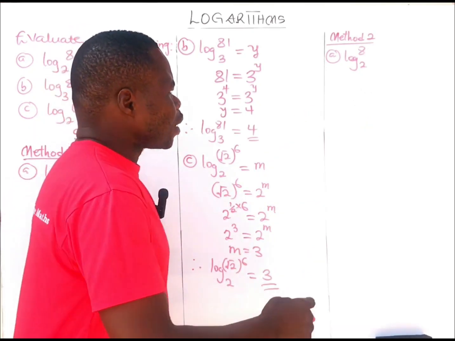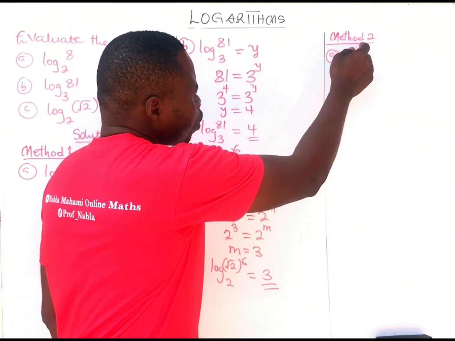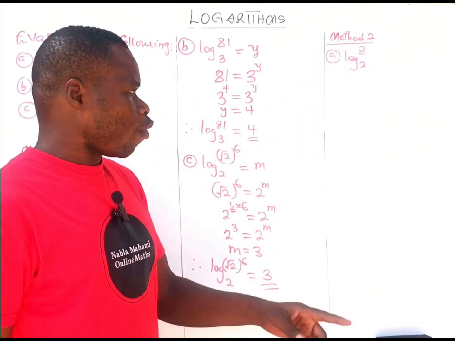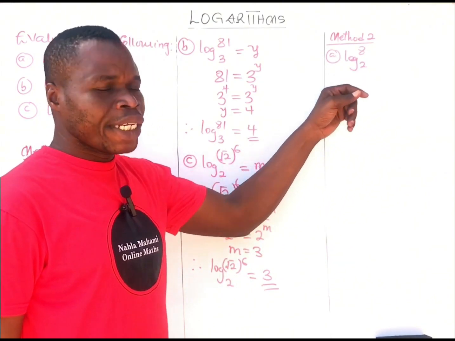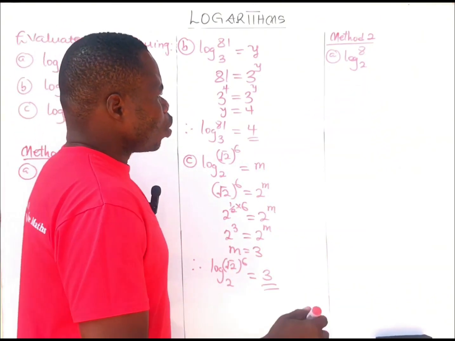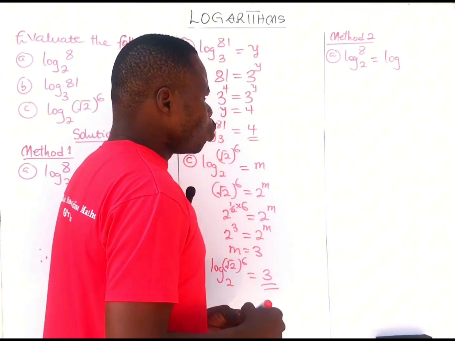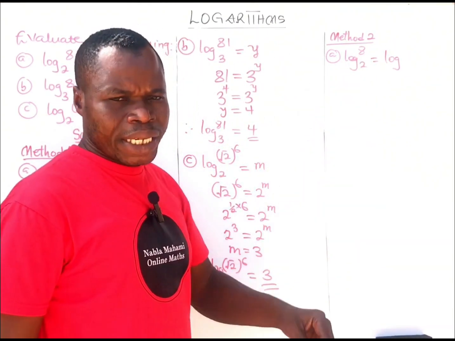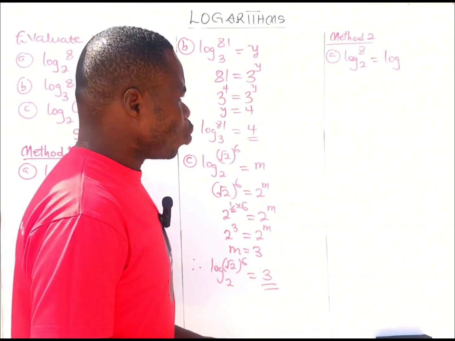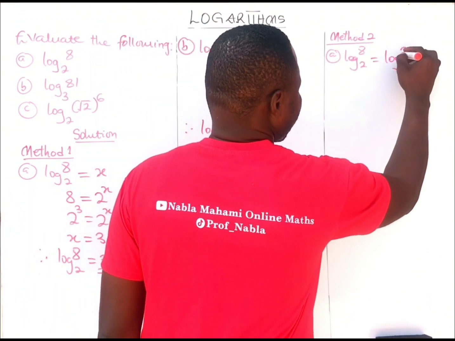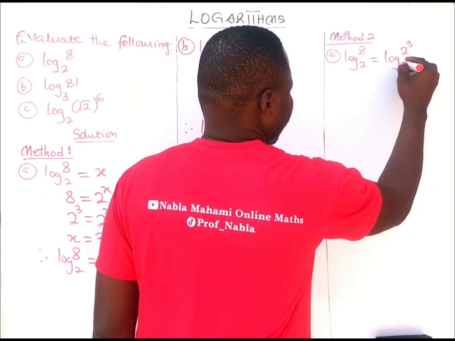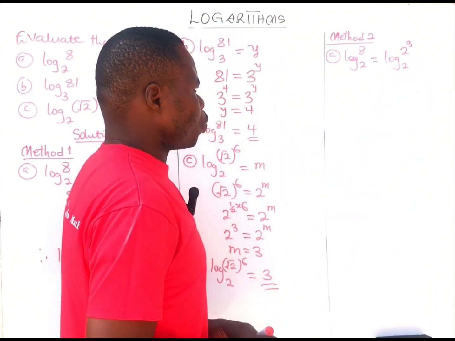What I'm trying to say is that you have to convert 8 into a multiple of 2 because the log base here is 2. So in this case, I can now say that log, how many 2's will I multiply and I'll get 8? 3 of them. So this 8 will now be the same thing as 2 exponent 3, and the base is 2.